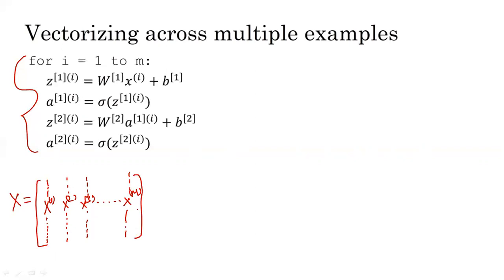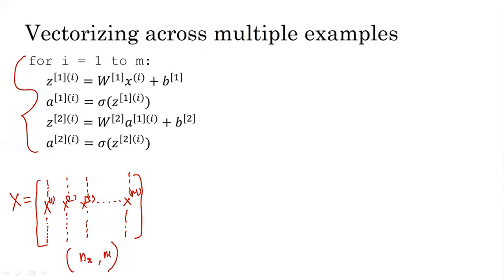Now closing this bracket, this is my final input feature vector x for all the m training examples. Suppose that for a single training example we have nx number of features. Then the dimension of this matrix would be nx comma m.